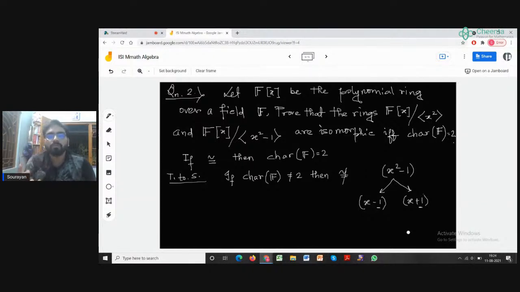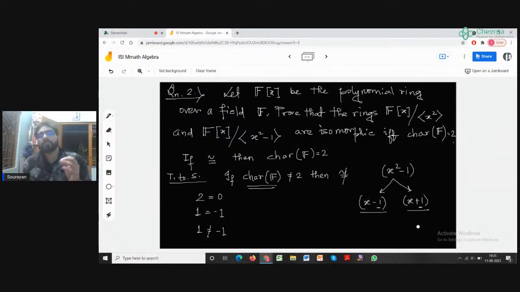It means 2 is practically 0 in the field F. So if 2 is 0, then you have 1 equals minus 1 if the characteristic of the field is 2. But if it is not, then 1 is never equal to minus 1.